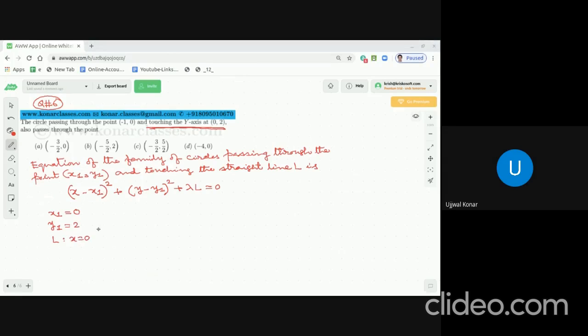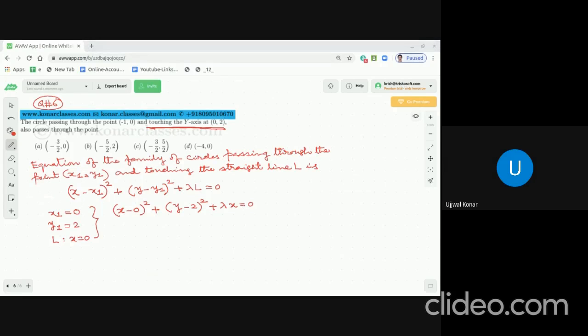Correct? So if we apply all these things, what we are going to get from this equation is x minus 0 whole square plus y minus 2 whole square plus lambda into x, because L is x, is equal to 0. This is the equation.